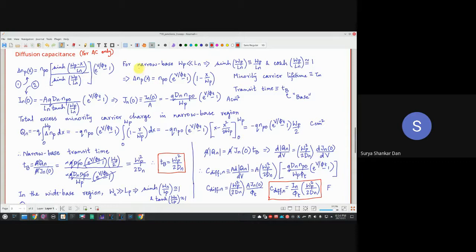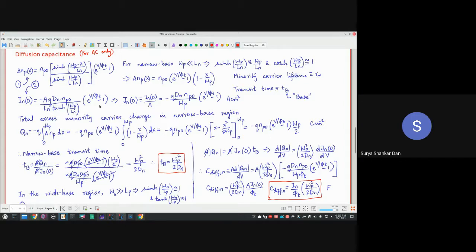So for all practical purposes, you will be having this narrow base coming into the picture thanks to the BJT. In the narrow base, we will again consider WP is much less than WN, LN, and essentially you have these relations, which we have already seen.